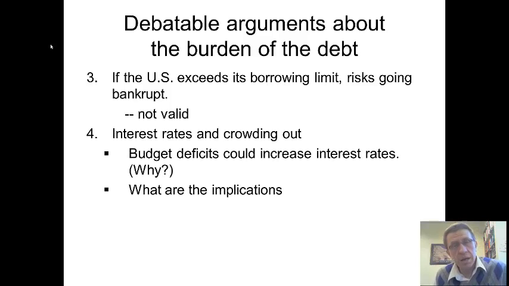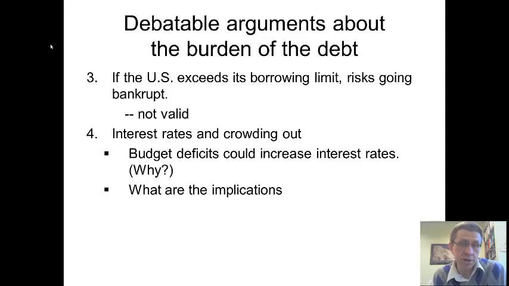Interest rates. If your debt is too high, what could happen? Well, if you run large deficits, that means you have to sell lots of bonds to pay for the deficits. If you're selling lots of bonds, the supply of bonds goes up, the price that you can receive for the bonds should drop because the supply is up. Price down, quantity up.